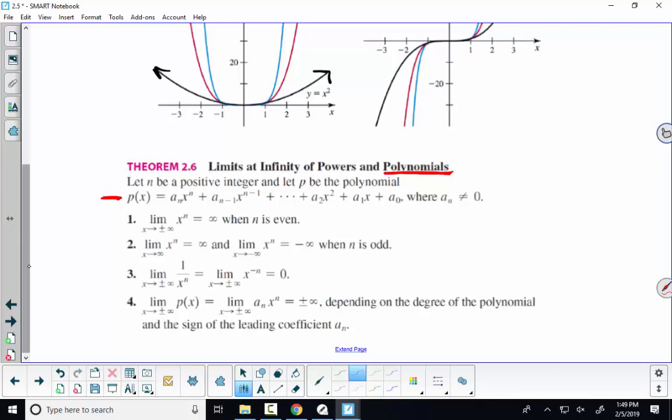And so the first statement says the limit at infinity, doesn't matter if it's positive or negative, of x to the n is infinity when that power is even. So this first statement here, visually, is just saying this right here.